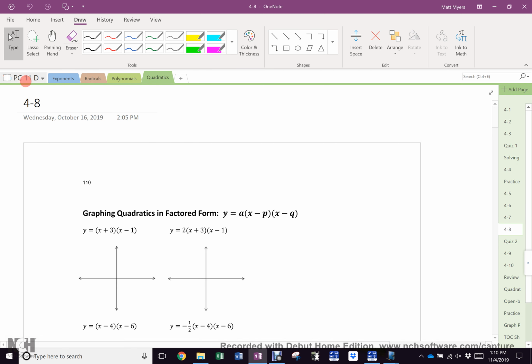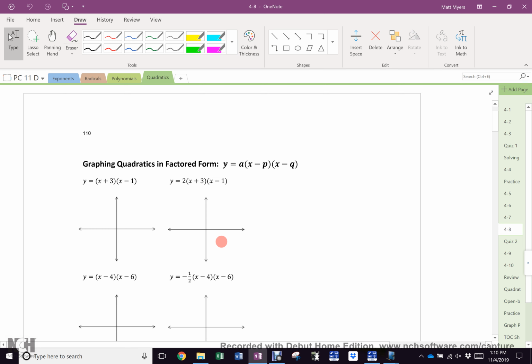Okay, so we are on page 110, please, ladies and gentlemen. On page 110, we are coming up to the third way we have seen these. I would like to remind you of the first way, which was vertex form, which I showed you as this.